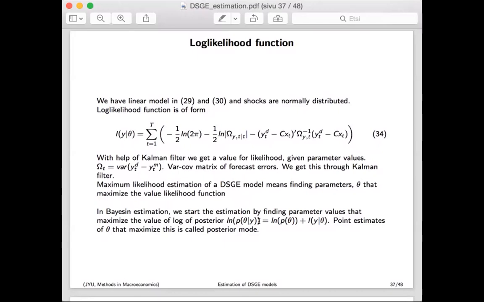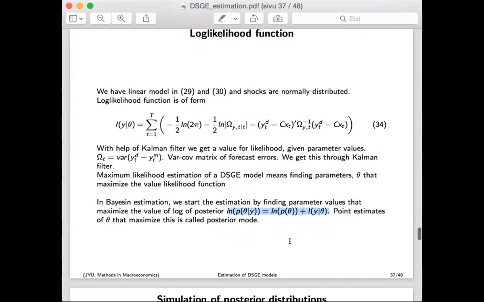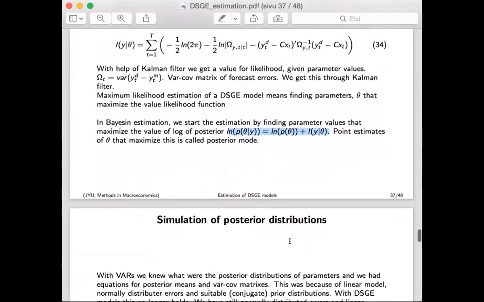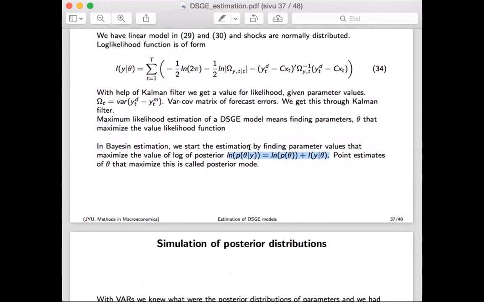And then the parameter estimates that maximize this log of posterior are called posterior mode estimates. And we need to find them in the beginning of the estimation. And they are different from maximum likelihood estimation parameters, since in maximum likelihood estimation one takes into account only the maximum value of the likelihood, whereas in the posterior also the prior matters.